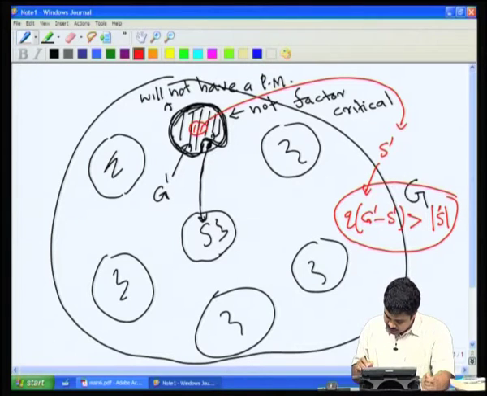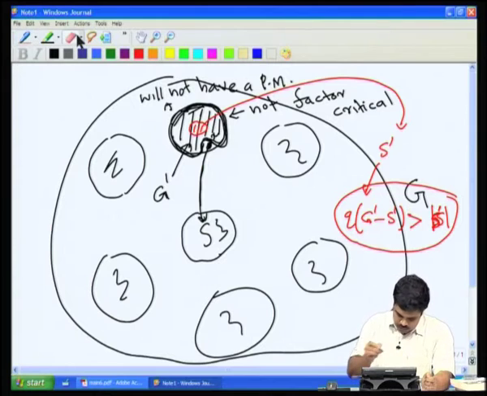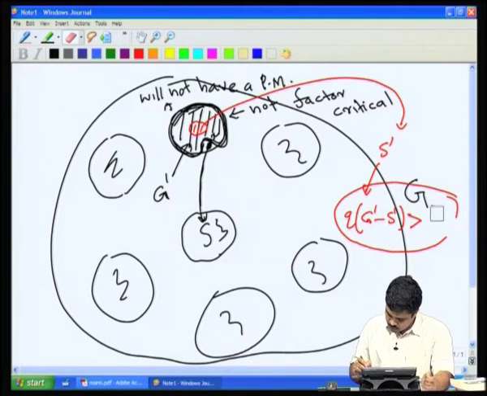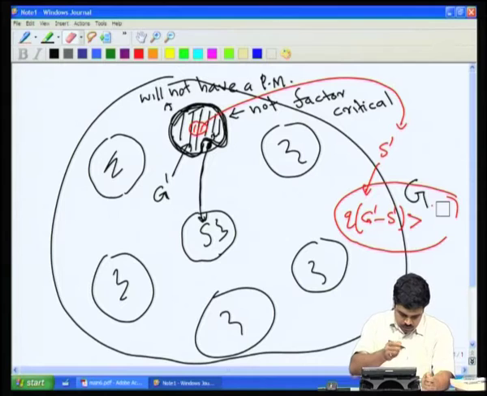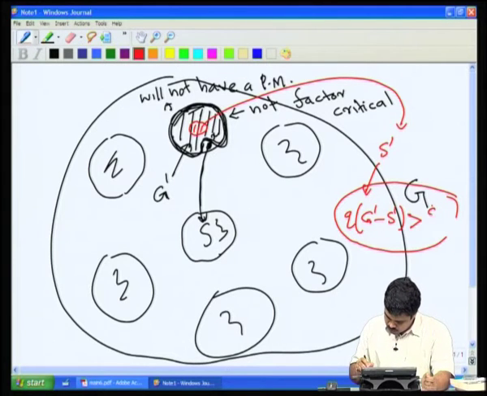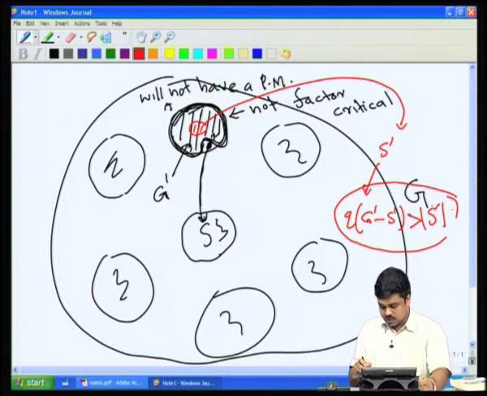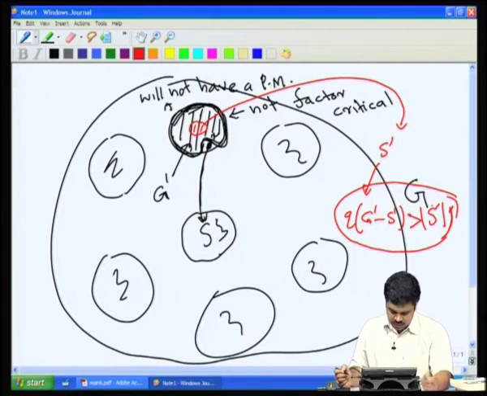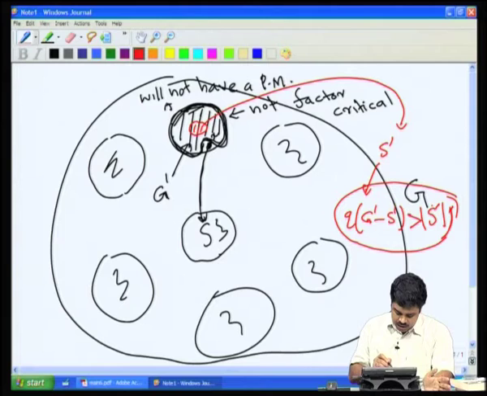So this is S dash, sorry, the cardinality of S dash. This is the property of this bad set. Now we want to construct a contradiction.